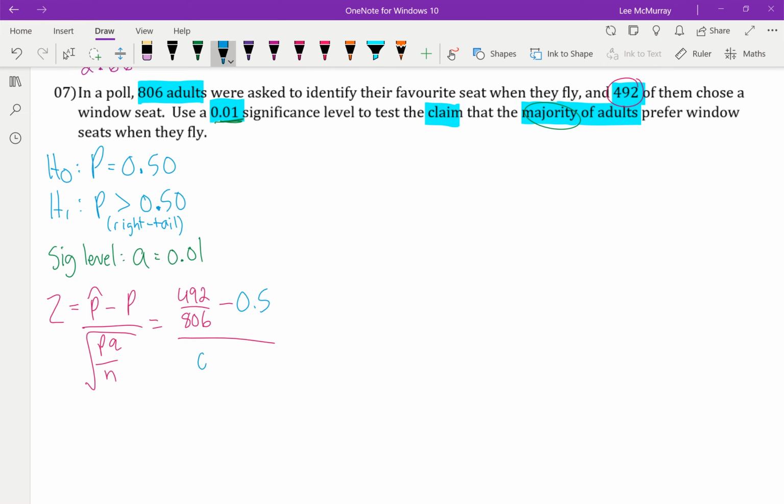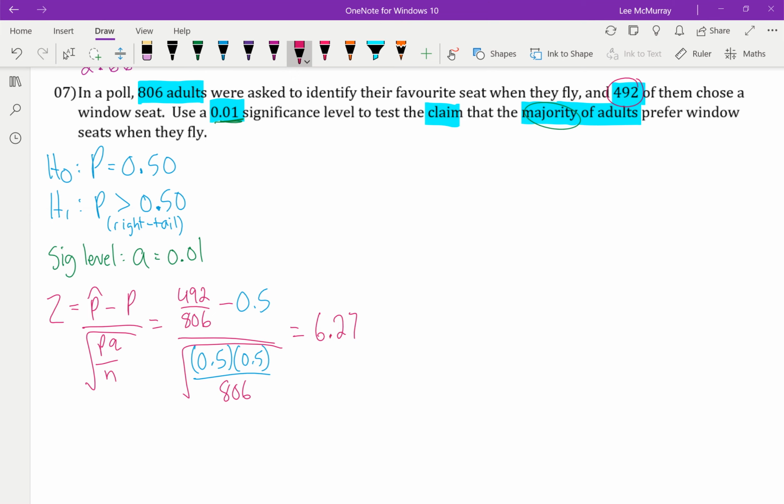Our p is still 50%, so q would be 50% as well because they're complements. We multiply those together and divide by n, and in this case the sample size was 806. We square root that whole bottom, plug it all into our calculator, and we get an answer of 6.27.